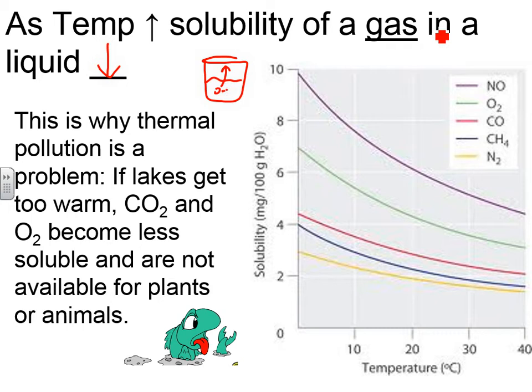These here, most of them are nonpolar, and so temperature causes a decrease in the solubility. So you see curves going down. Now, some of them are more flat, others less so. And this is actually an important concept in allowing little critters that live underwater, whether animals or plants, to survive.